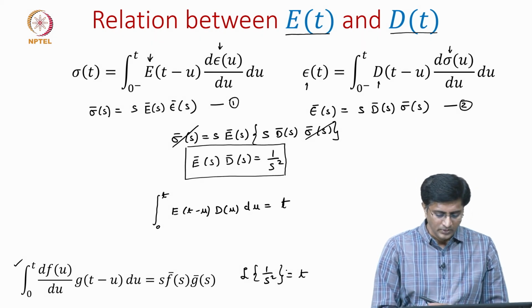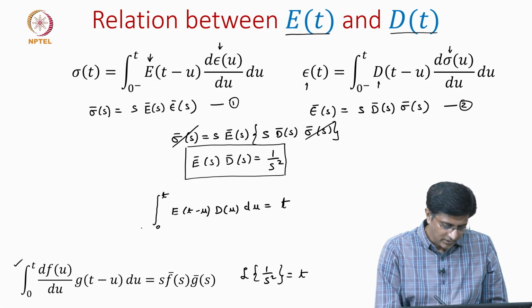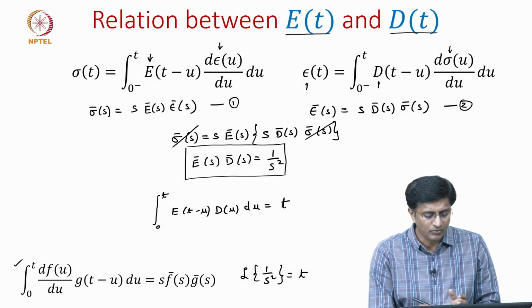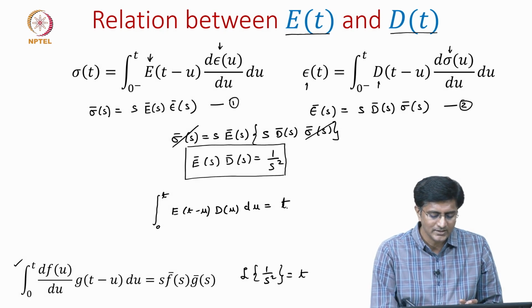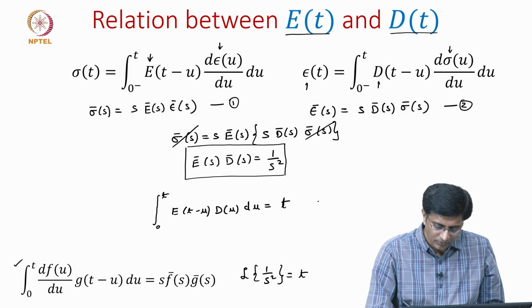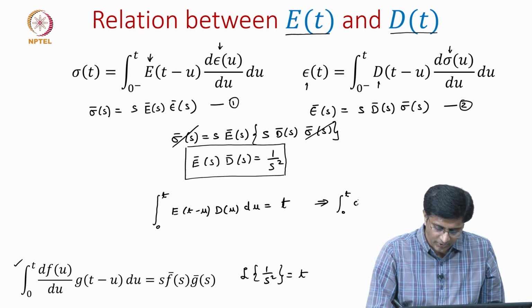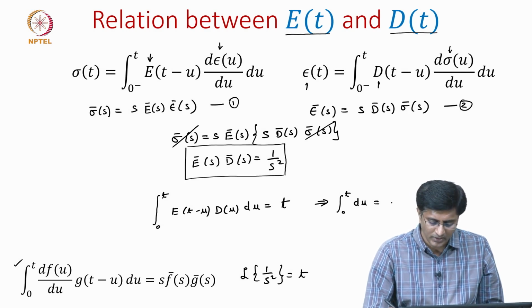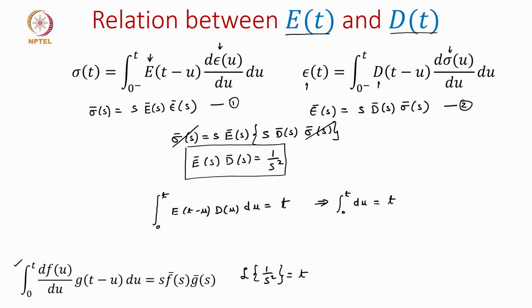Okay. So, what this integral equation means is, when do we get an integral value going from 0 to t as t? This happens when we are talking about the integral of simply du. If we are talking about the integral 0 to t of simply du, then we get t.